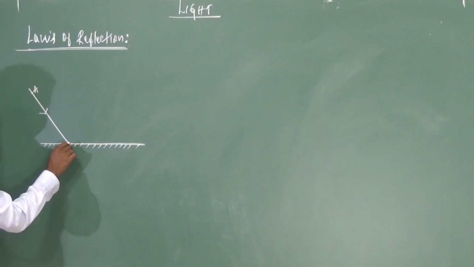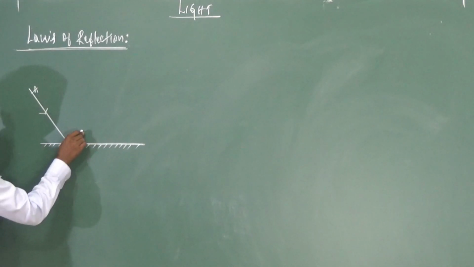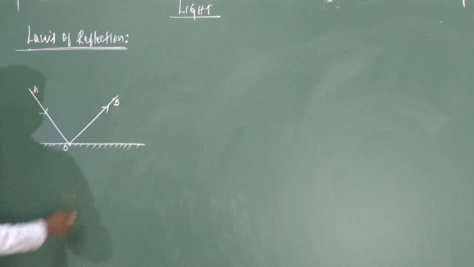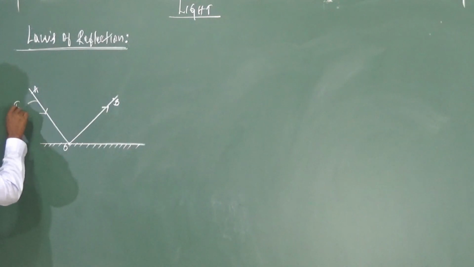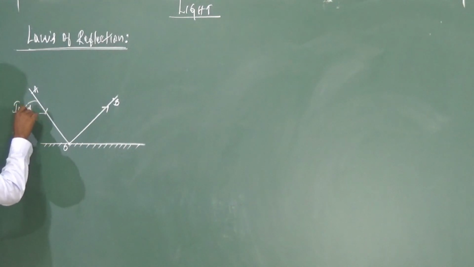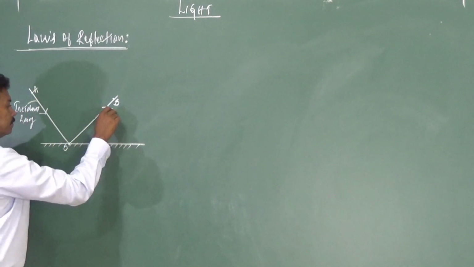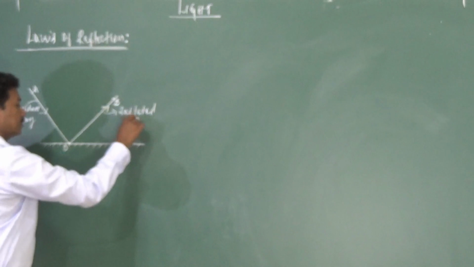O is called the point of incidence. Here the light ray is going to get reflected. Let us call it ray OB. So here ray OA is the incident ray, and ray OB is the reflected ray.